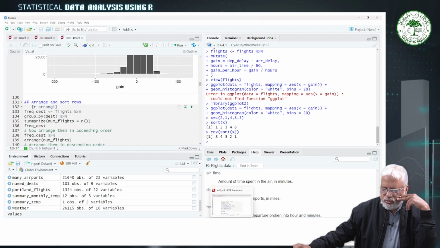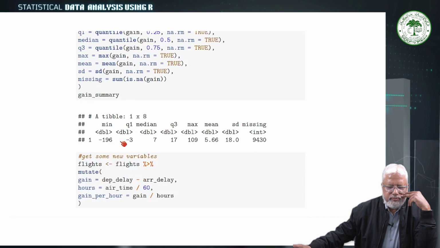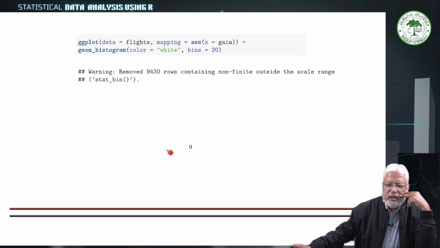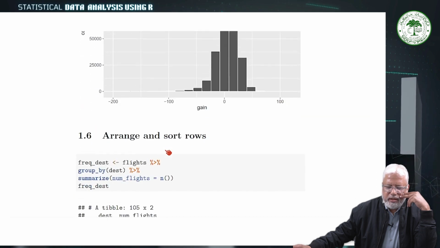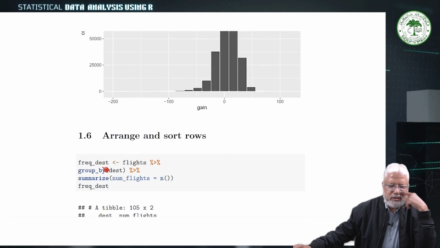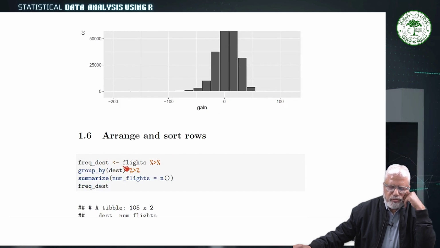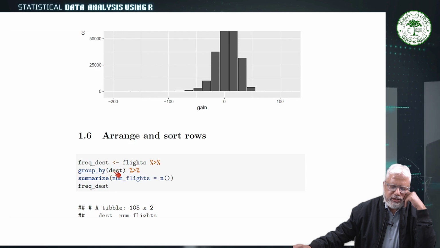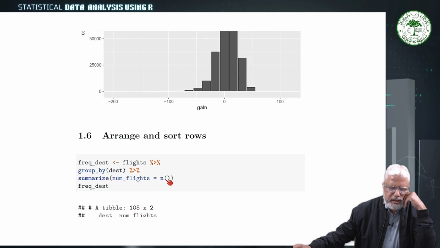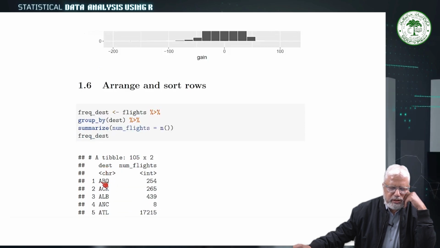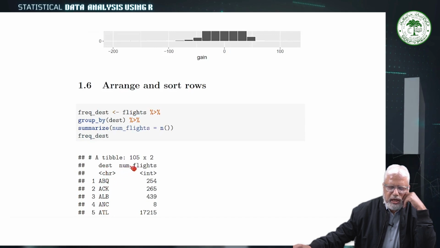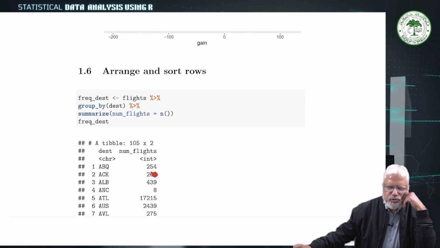We have already studied the histogram, then arrange and sort rows, the frequency of destination. See, flights, then group by destination, and then again we are using the pipe and summarize, number of flights n. So here this is the destination, ABQ, ACK, ALB, these are the destinations, and the number of flights 254, 265, like that.